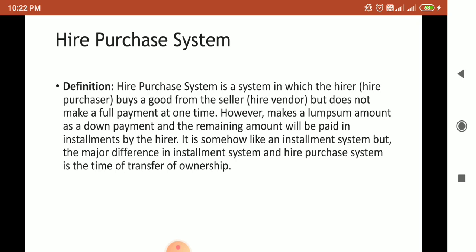If we understand these things, then it is worth understanding the hire purchase system. Let us see what this hire purchase system is.